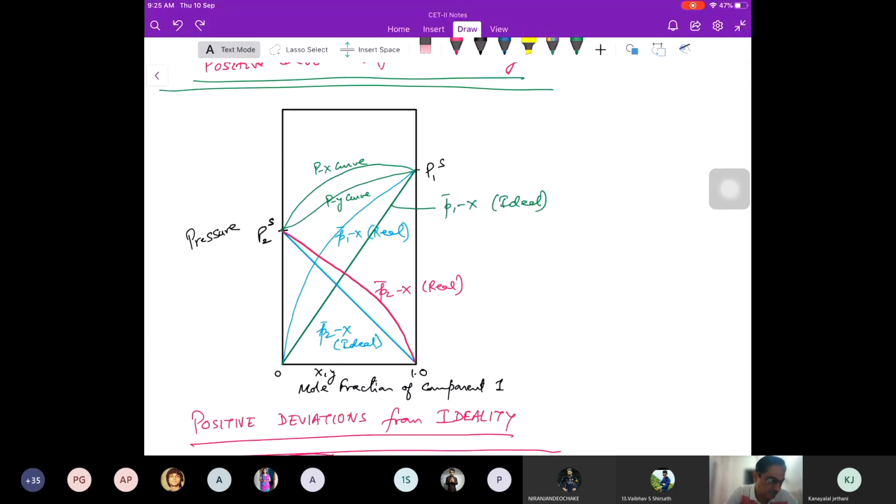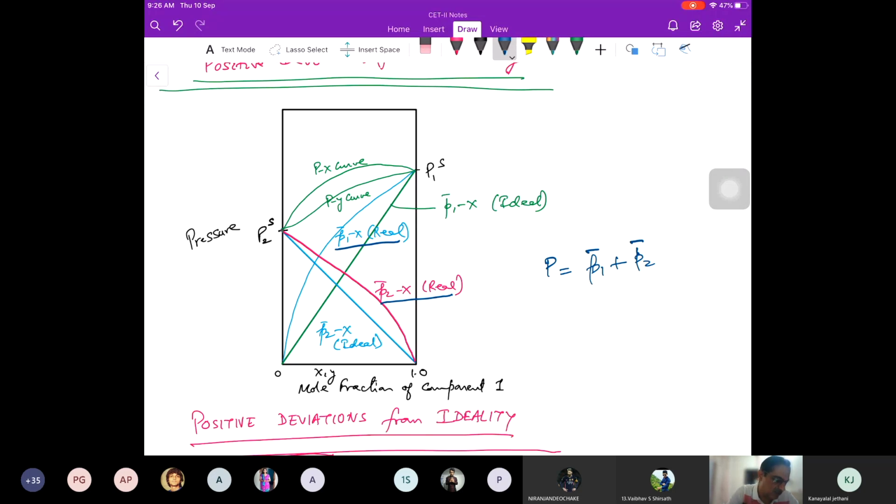So if we take total pressure plot किया हमने, see this was only P2 bar versus X, right? If you look at this one, this is P2 bar versus X, this is P1 bar versus X. But if we add P1 bar plus P2 bar, P is equal to P1 bar plus P2 bar, right? Total pressure of a system, binary system, is always sum of partial pressures, Dalton's law, right?